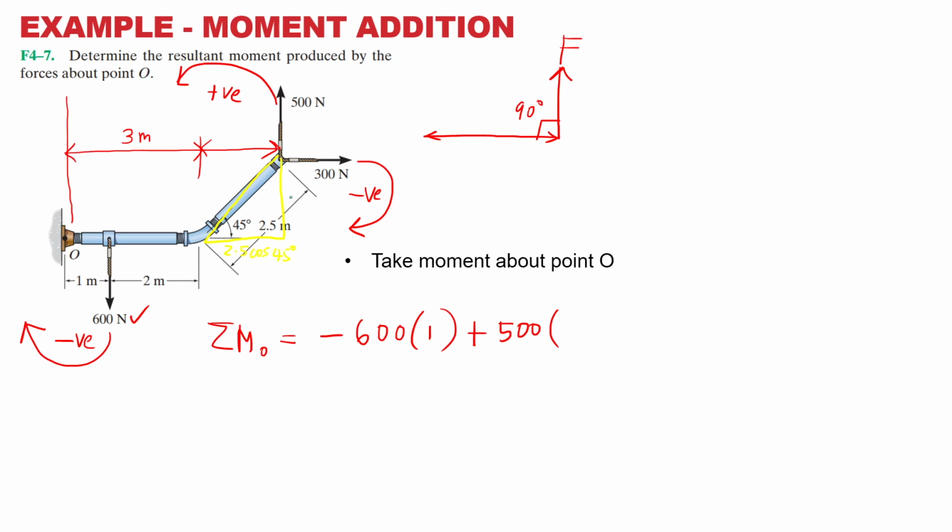Ini pun sama lah kan. 2.5 sin 45 degrees. So this one will be 2.5 cos 45 degree. So, don't forget where we at. 500 Newton kali dengan ni. So, ini akan jadi 3 meter campur 2.5 cos 45 degrees. Change back to red color.